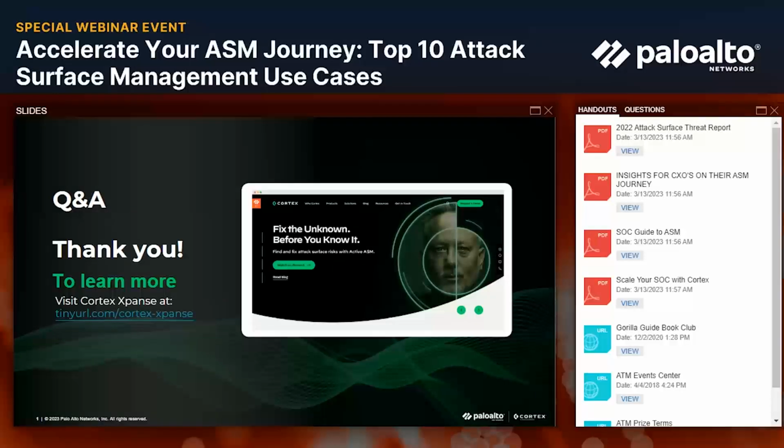Some examples of these would include things like your domains and subdomains list, your list of IP ranges that you own, all the different certificates that are there in your environment. It could also include things like your database servers.